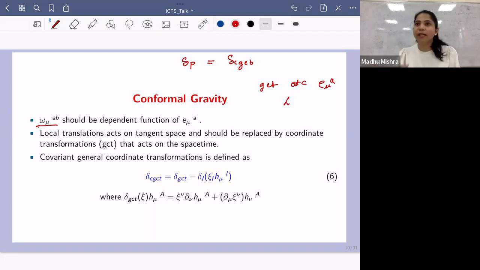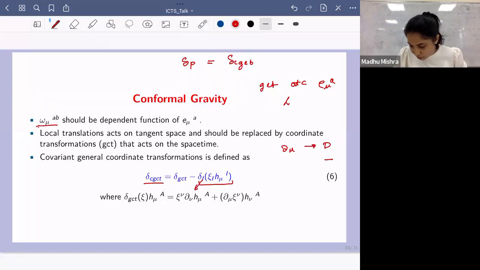To make it covariant under all the other gauge symmetries, we introduce a transformation called the covariant general coordinate transformation, defined by subtracting this gauge dependent transformation. Just like we did for the covariant derivative, when we went from partial to covariant derivative, we subtracted a gauge dependent quantity. So that is how we change the general coordinate transformation to the covariant general coordinate transformation, by subtracting this gauge dependent quantity.